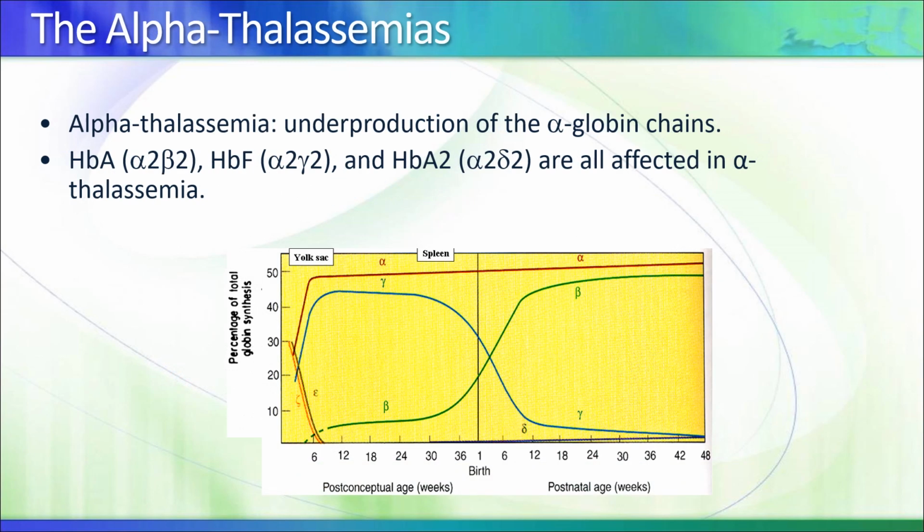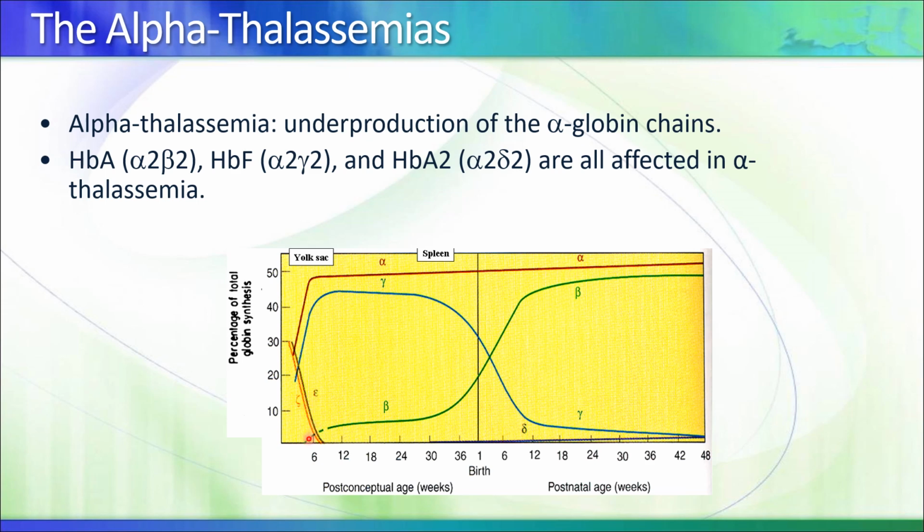Let's start with alpha-thalassemia. Alpha-thalassemia means that there's underproduction of the alpha globin chains. So basically you have more beta than alpha. Now remember that the alpha chain is produced at the end of the embryonic stage. Okay, so it starts early on and it continues throughout life.